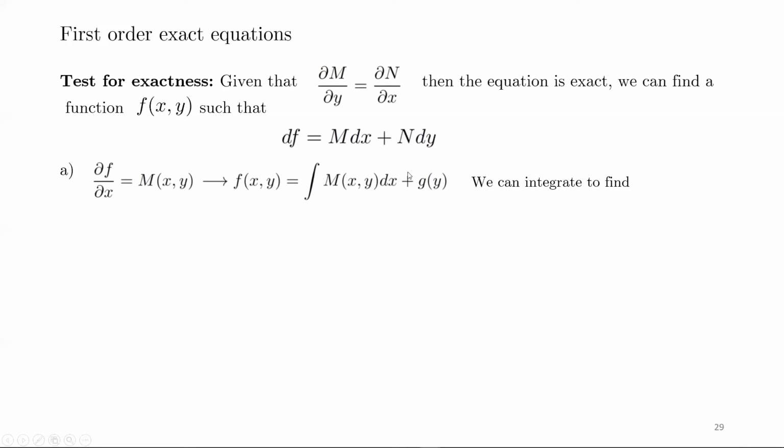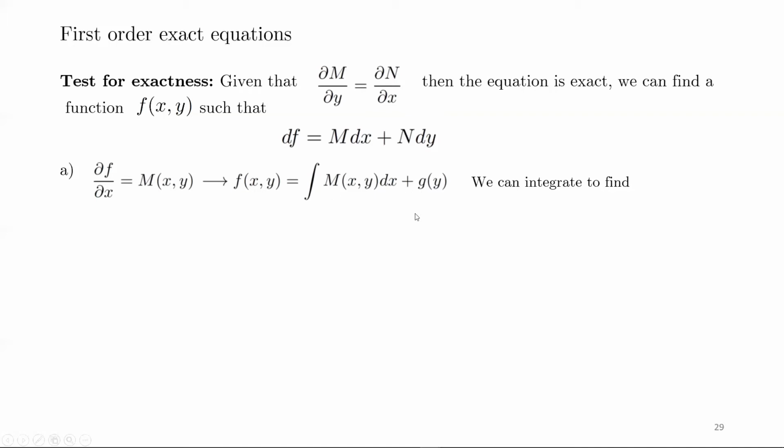If we do a normal integral of a function of one variable, we'd normally get an integration constant. But here we actually get an integration function, an unknown function of y.